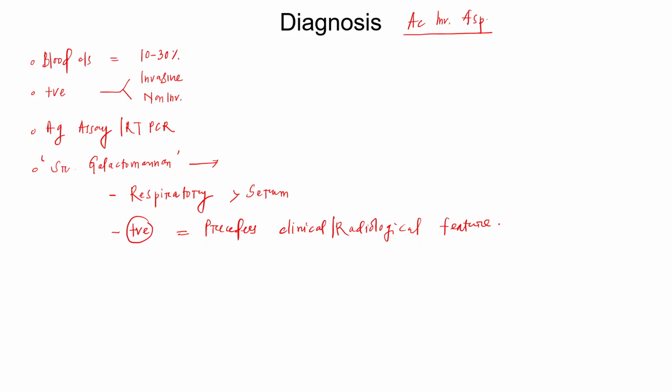So before the patient is symptomatic for aspergillosis, or before the imaging shows the findings of invasive aspergillosis, this serum galactomannan may come positive. That's why this test has gained a lot of popularity. And also, the sensitivity of antigen detection decreases with antifungal therapy.